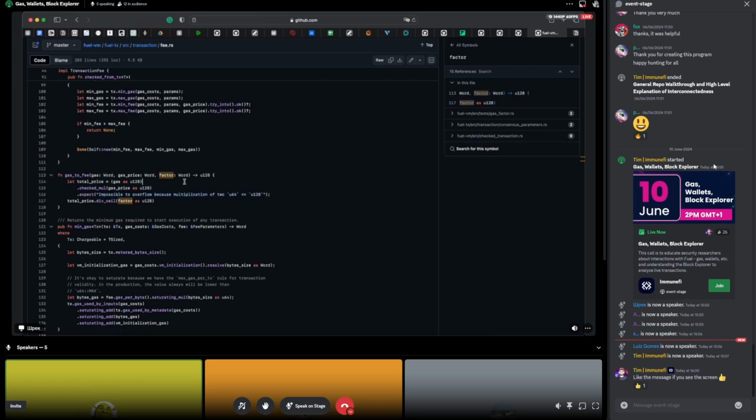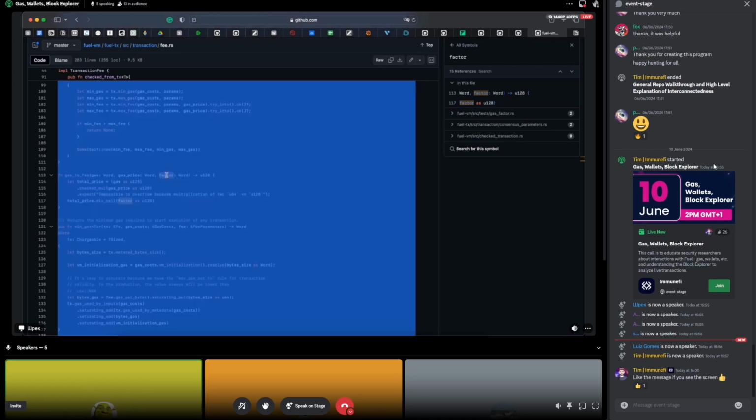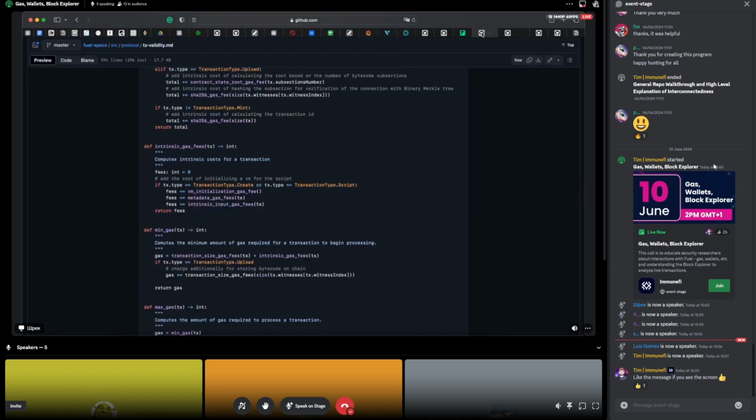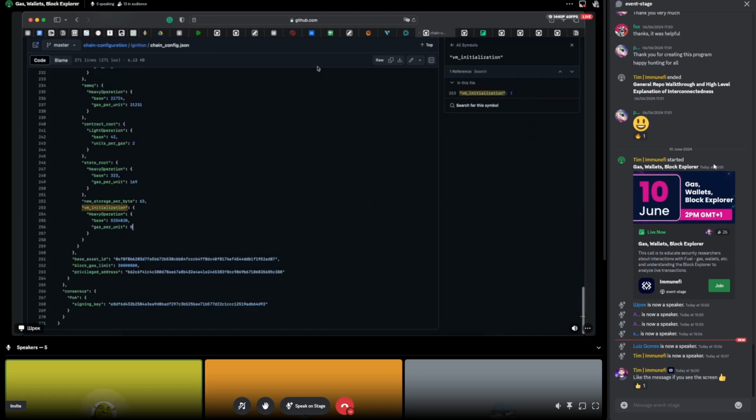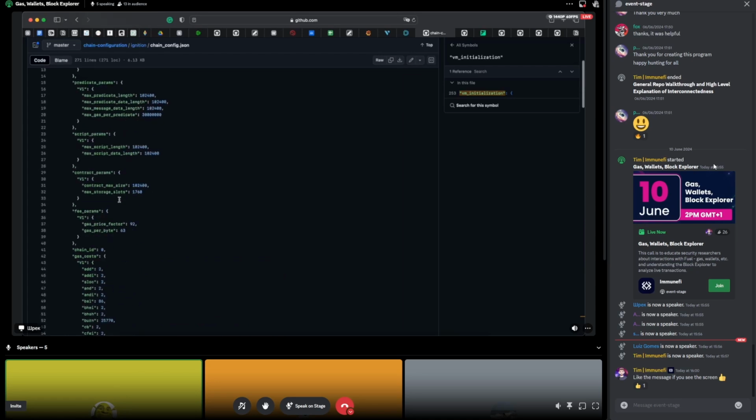Because we don't burn Ethereum, we don't need to actually charge in the same way as Ethereum does. So, for example, in the testnet currently, gas price factor is 92.